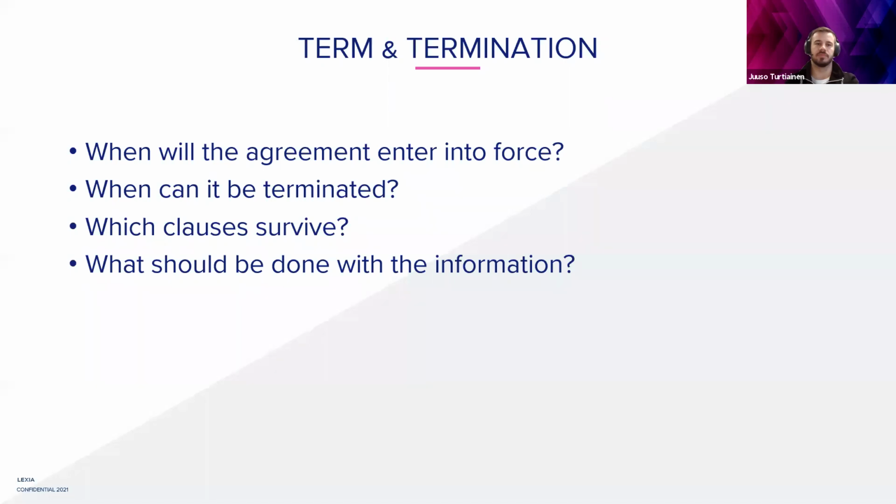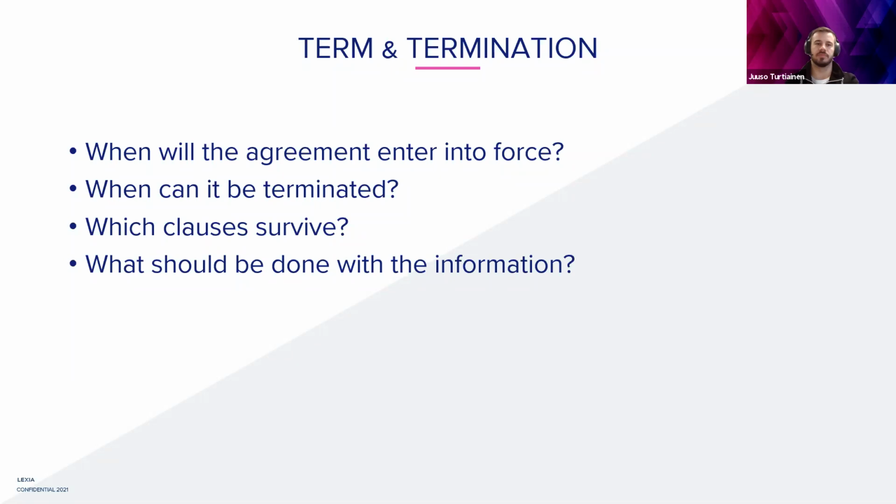Also, what should be done with the information should be considered. Once the agreement terminates, should the information be returned to you? Do you want to have that information back, or do you want the other party to destroy that information and any backup copies, or are they allowed to keep the backup copies?